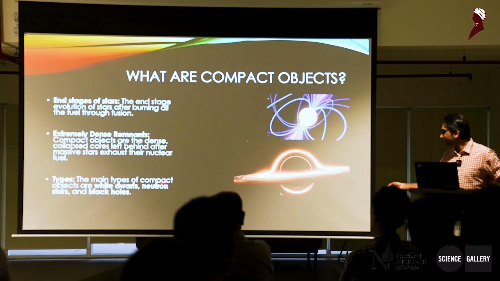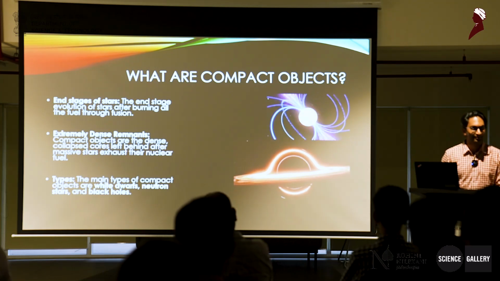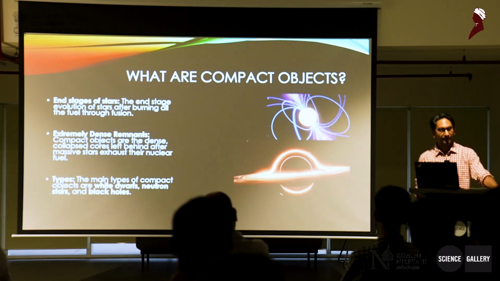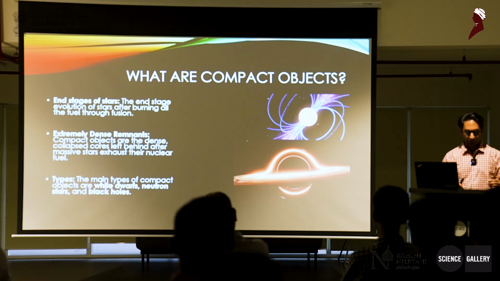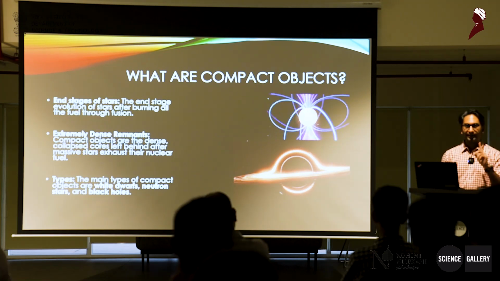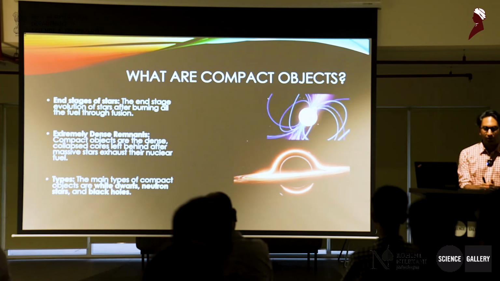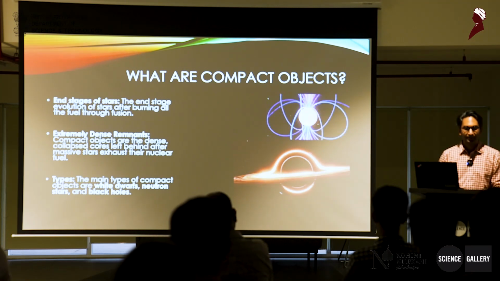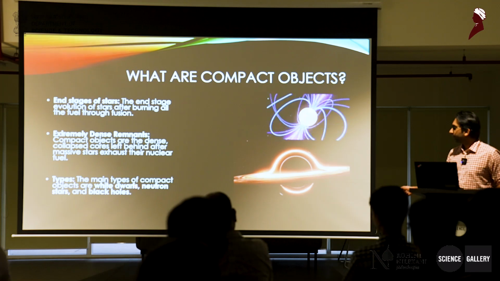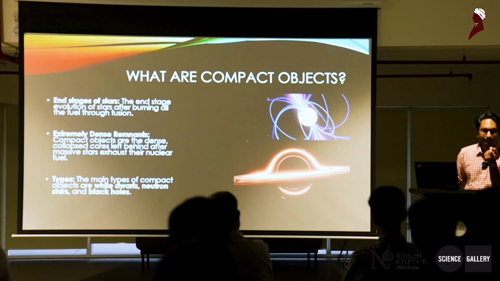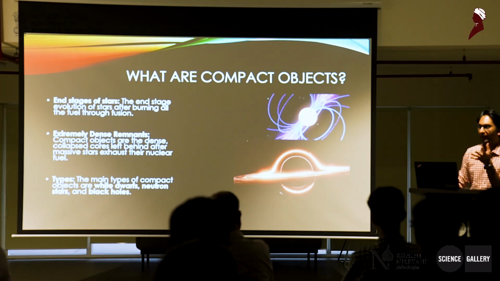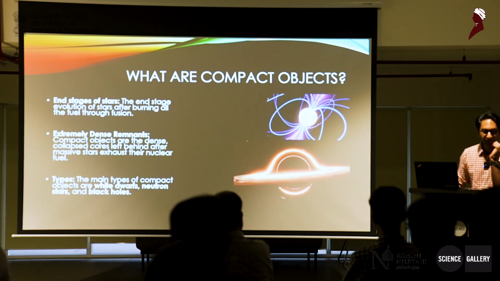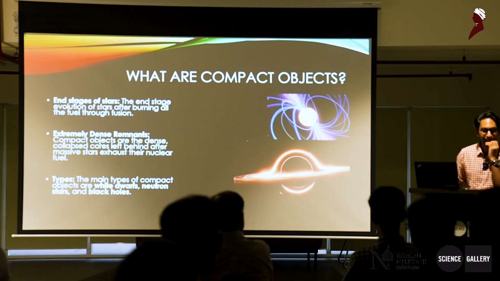Because these neutron stars are massive magnets. Their magnetic fields, to give you an idea, let's talk about Earth, which has a magnetic field. The magnetic field of the Earth in some units called Gauss is about 3 to 6 Gauss. The fridge magnets that you have will probably have about 1000 Gauss. An MRI machine will have about 100,000 Gauss.